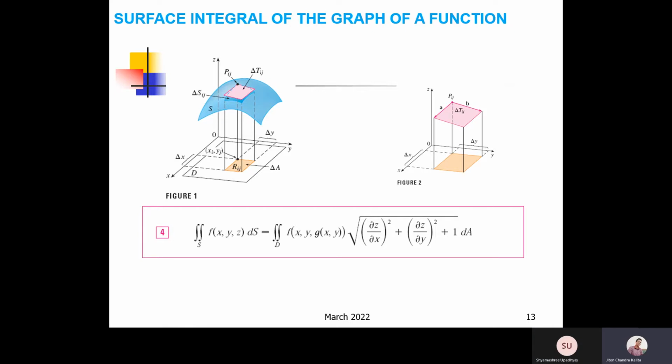So, let us do one example, and then I will do it for when a surface is the union of multiple surfaces. Okay.